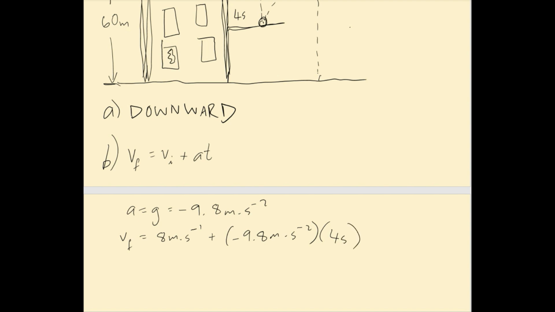So we see the seconds to the minus 2 times seconds gives seconds to the minus 1, so we have units of velocity.